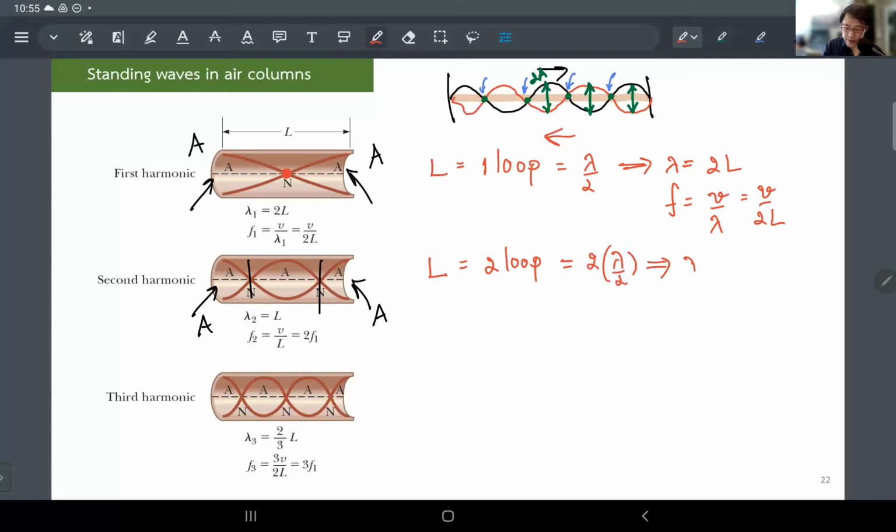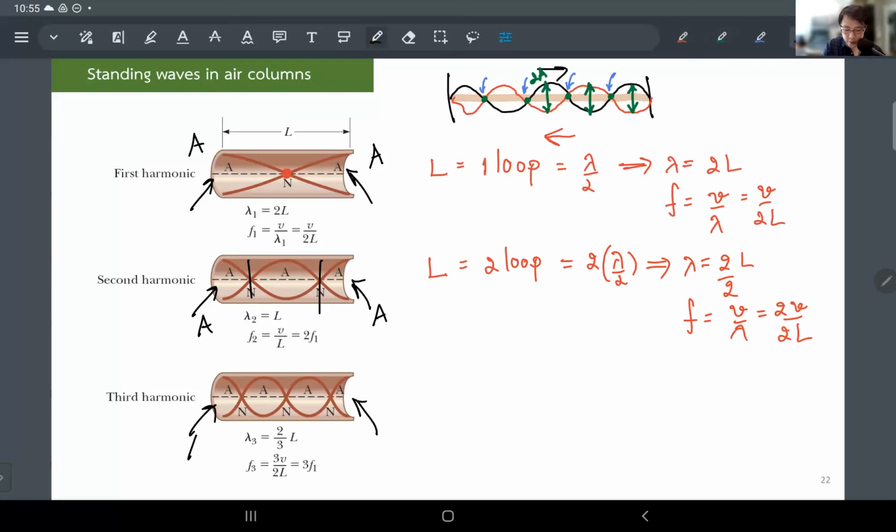So that means your lambda is 2L over 2. I just like this, to see the progression of the numbers here. So the frequency is just going to be v over lambda, and it's going to be 2v over 2L. I just keep the ratio like this because I want to show you one more twist.